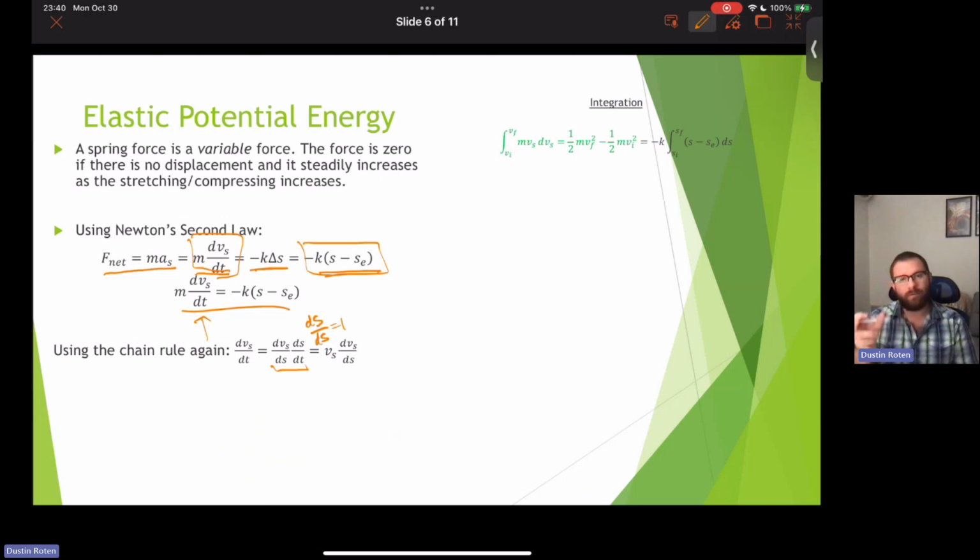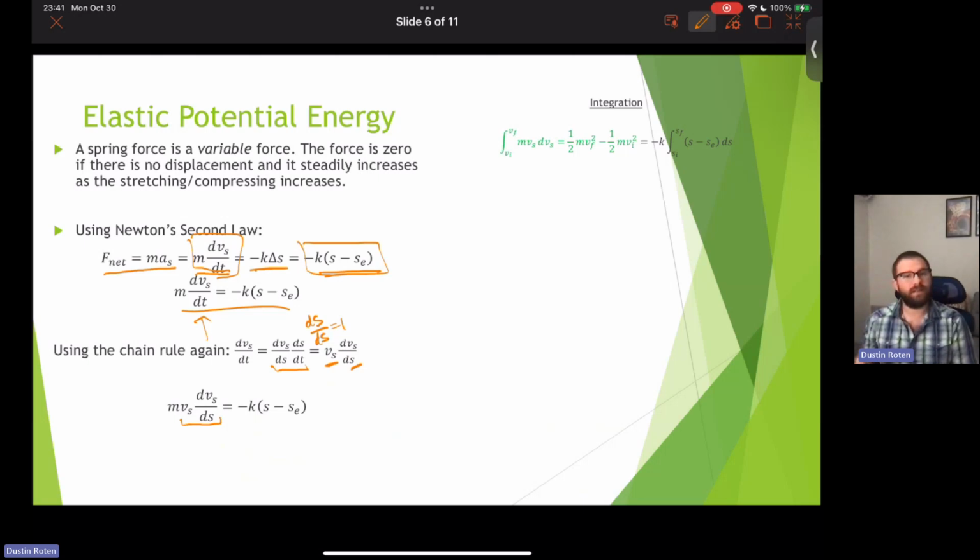When I multiply by 1, I can rearrange the denominator, and it turns out I get my velocity times how my velocity changes with respect to position. Now I can take that and plug it back into my original equation. So here's my substitution.